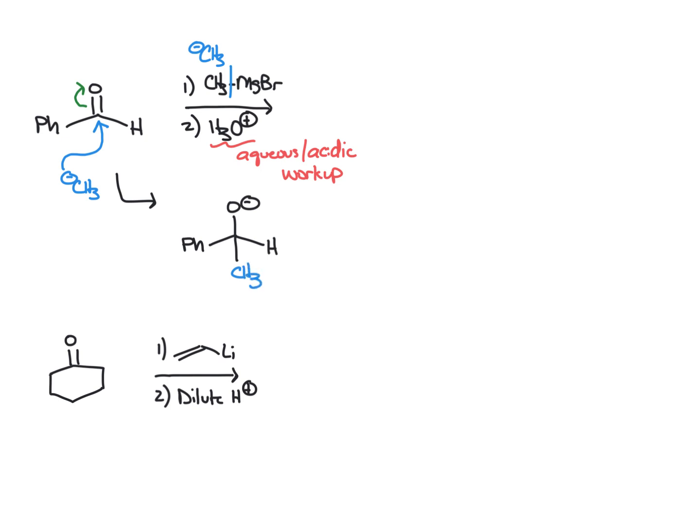We've added the nucleophile forming a bond with the carbonyl carbon, and that double bond O becomes O minus. But we don't want to stop at just this charged intermediate. This is where step 2, the acidic or aqueous workup, comes in. That's going to provide a source of protons to protonate this negative oxygen.